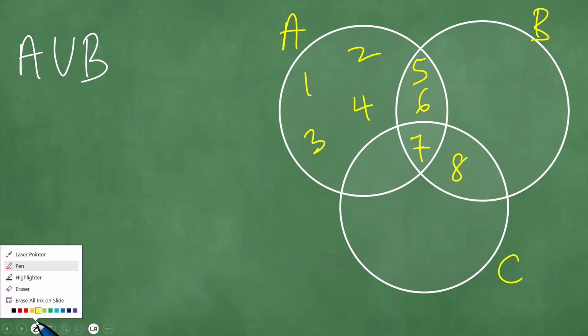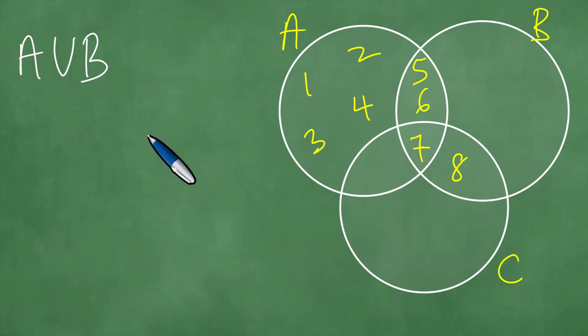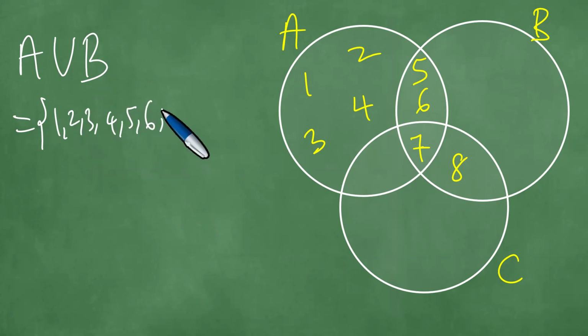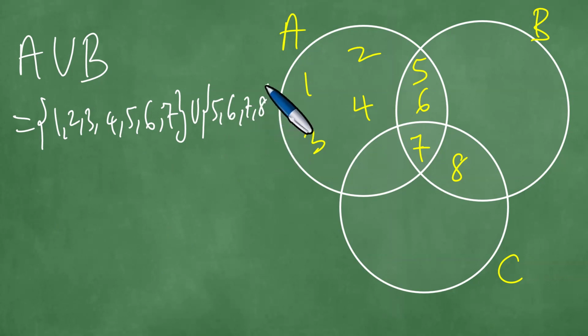So if we need A union B, A union B now has the elements in A or B or both sets. And now we need to just remember that A has the elements 1, 2, 3, 4, 5, 6, 7, union B with the elements 5, 6, 7, 8.